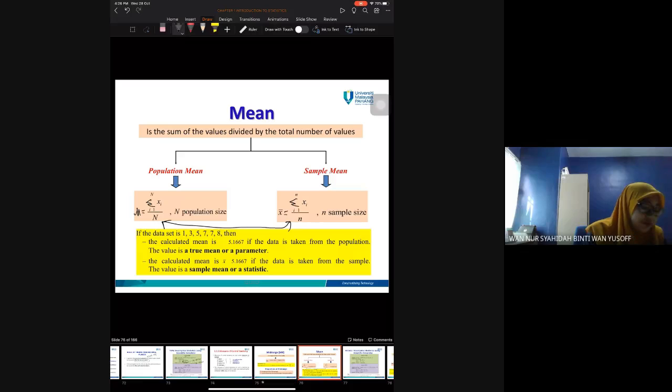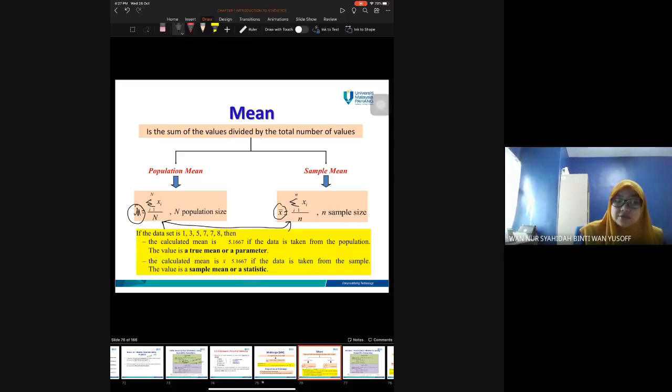Okay, so what is the difference? Your notation. How do we notify the reader whether the value that we have here is a population or sample? It is by using notation. You have to state whether the value here is mu or x bar. Because of the similar formula, you will end up with a similar value.